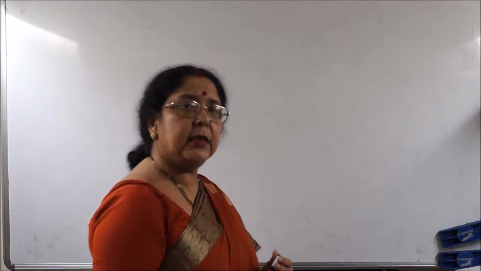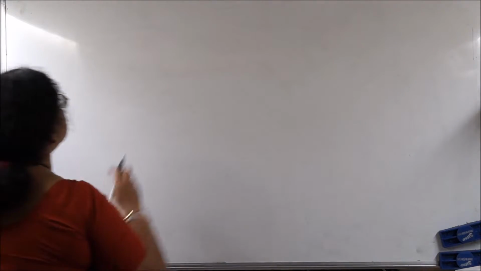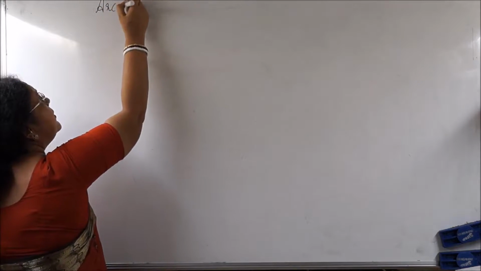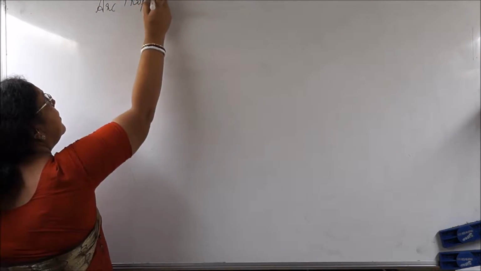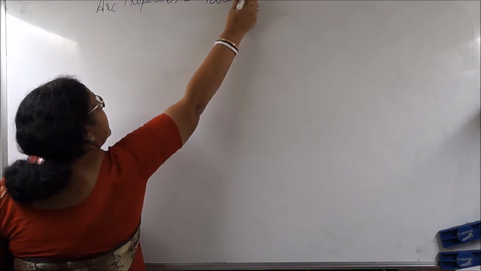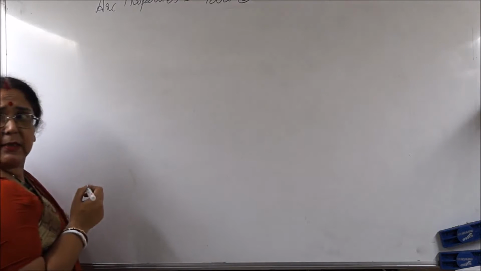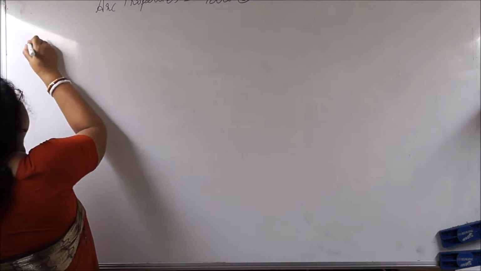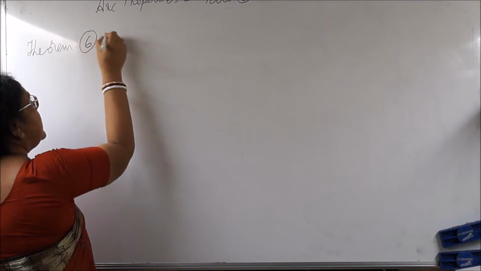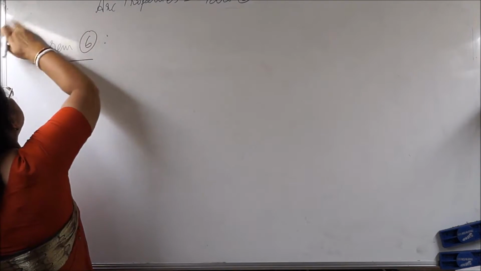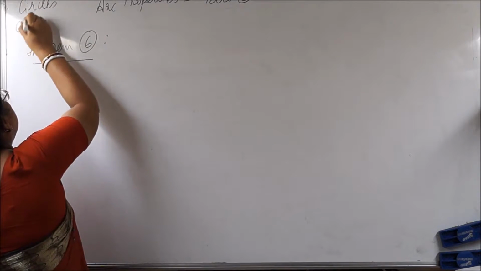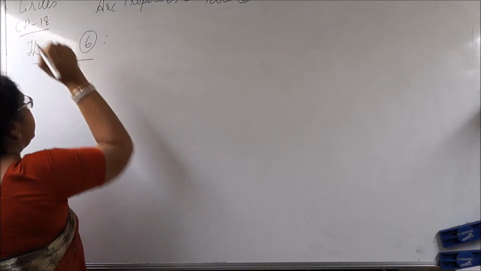Now the next, that is part 6 of arc properties, theorem 6, and this is our circles chapter 18.